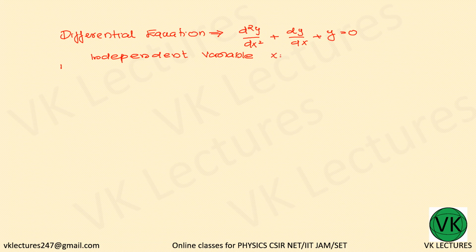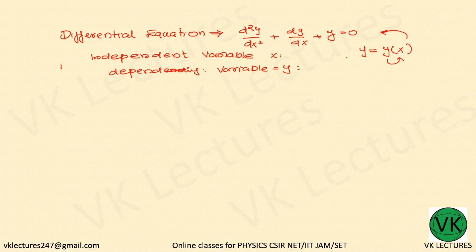Who is the dependent variable? That is y. Why is it called the dependent variable? Because we can write the solution of this equation as y equal to y of x. So y depends on x in this differential equation.